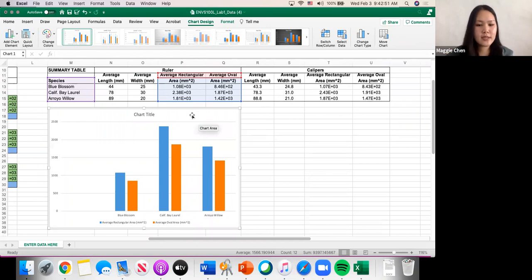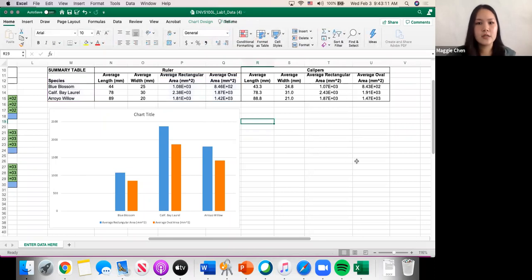So it's great as it is, but we just want to add in some details that would make it even clearer for anyone looking at it. So we're going to want to add in our X and Y axes, and we're going to want to adjust our chart title. How we can do that is once you've clicked into your chart, chart design would already pop up. But if it's not, say if you're clicking anywhere else on your Excel sheet, like this random cell, you can't really adjust it.